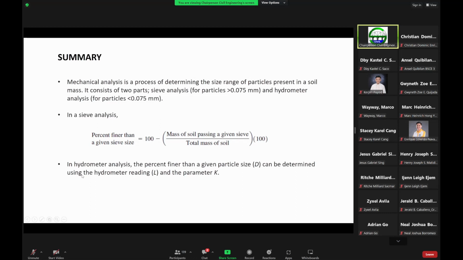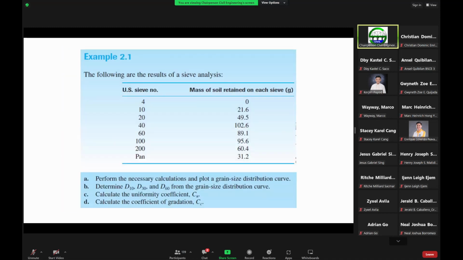In the hydrometer analysis, the percent finer than a given particle size d can be determined using the hydrometer reading L and the parameter K.